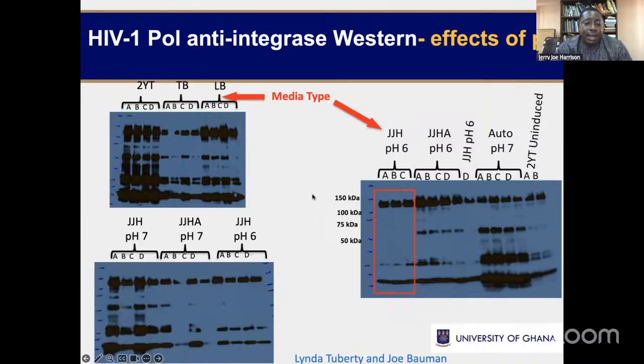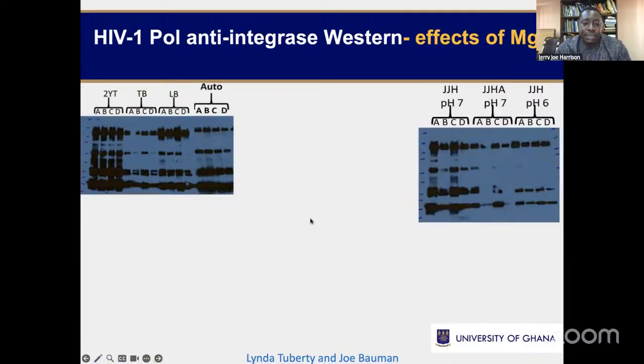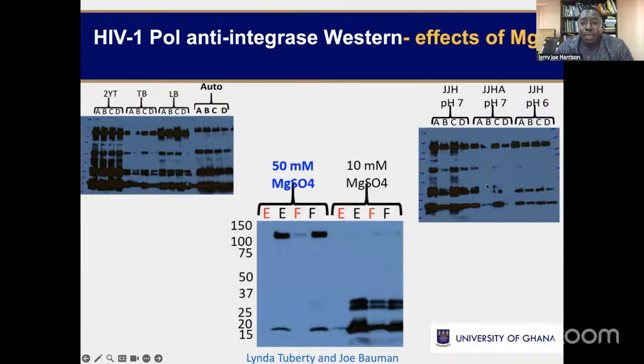I've already mentioned the pH. If you look at the magnesium side, it was a similar thing. I'm just reproducing these as before so that you see the pH 6 reduced proteolysis.